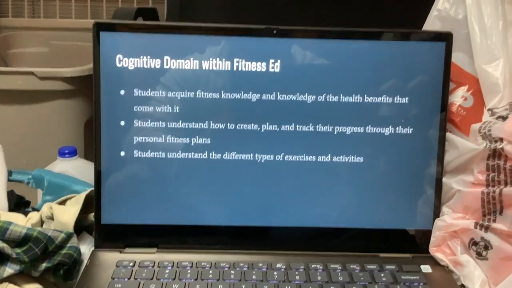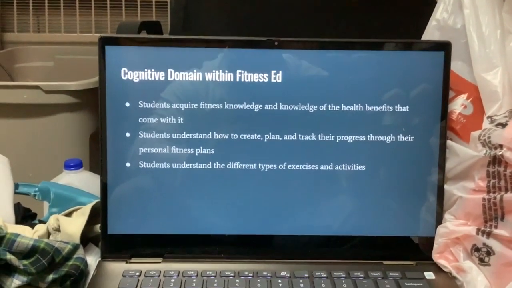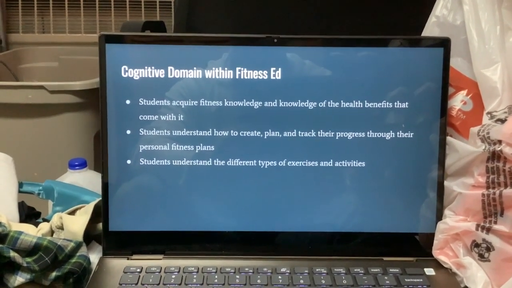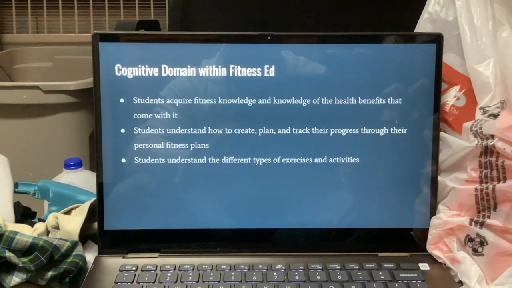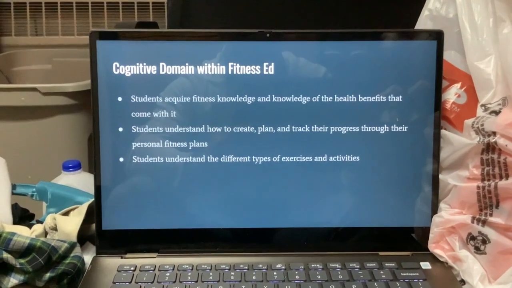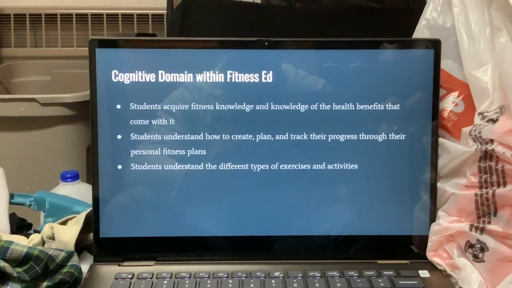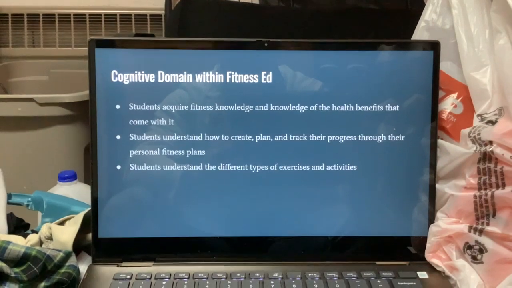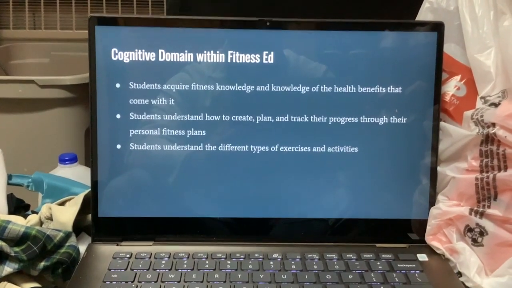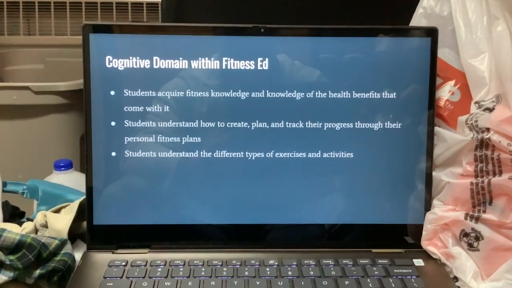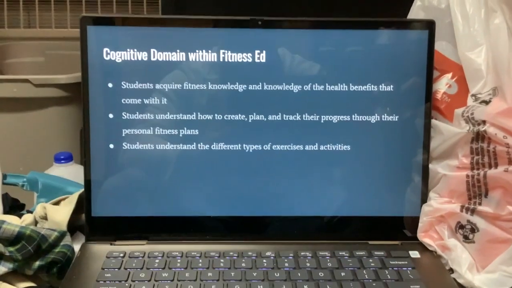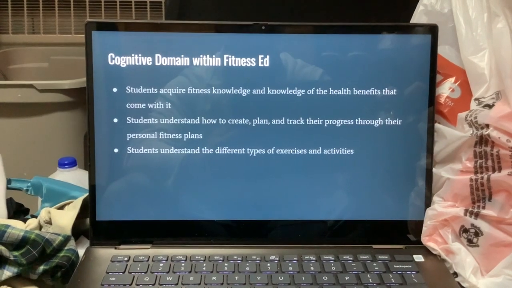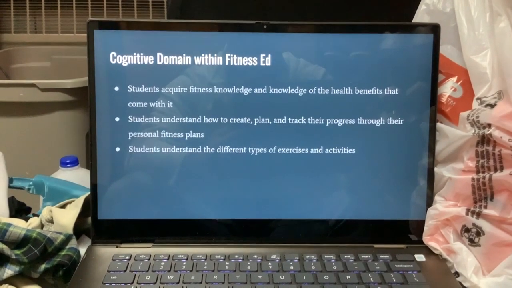The cognitive domain within fitness ed, students acquire fitness knowledge and knowledge of the health benefits that come with it. So you can teach them the benefits of the exercises, and you can also show them how to do it and have them execute that plan. So it's kind of like a psychomotor and cognitive combination. Students understand how to create, plan, and track their progress throughout their personal fitness plans.